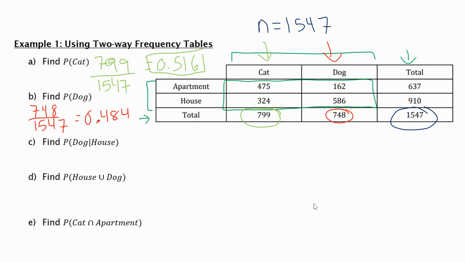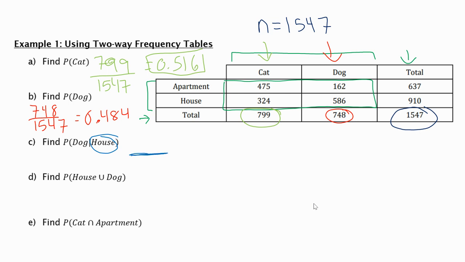Our next example is looking at conditional probability: the probability they own a dog if they live in a house. In a two-way frequency table, that second term in the conditional is usually what you use as the total.